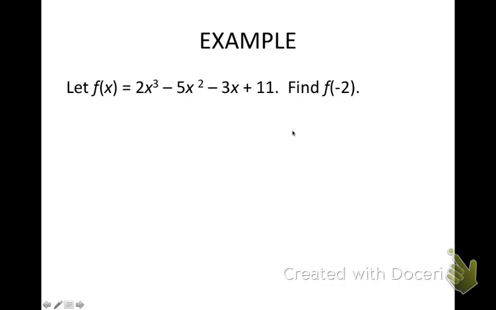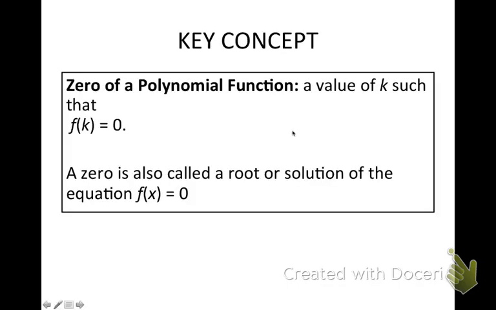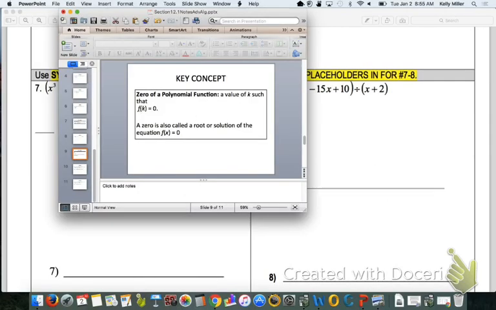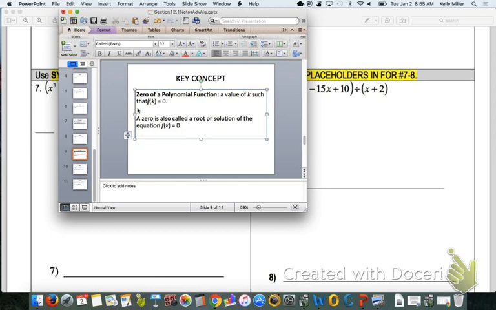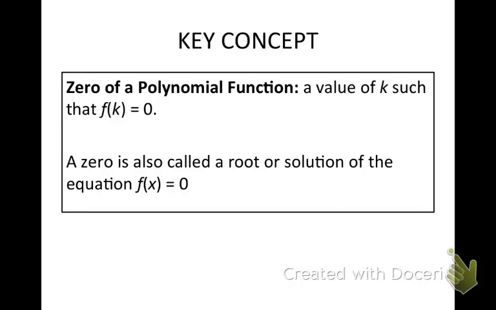All right, so then the last thing that you have to be able to do is to decide whether you have a 0 of a polynomial or not. Or you'll be asked that question, is blah, blah, blah a factor of the function? So what are we looking for? We're looking to see if we have a 0 of a polynomial function.